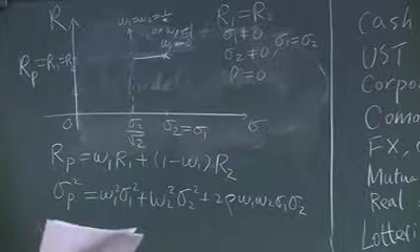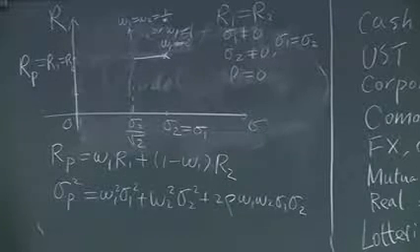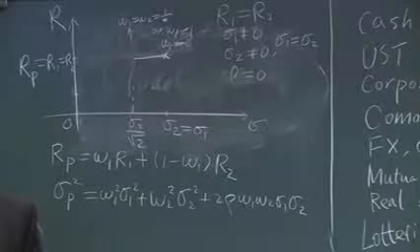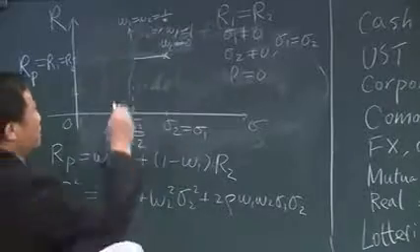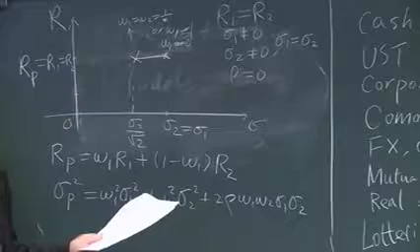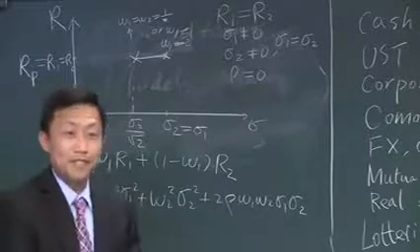So what's that called? What's that benefit? Diversification, right? When you have less than perfectly positively correlated assets, you can achieve the same return but with a lower standard deviation. Okay, that's fairly straightforward.